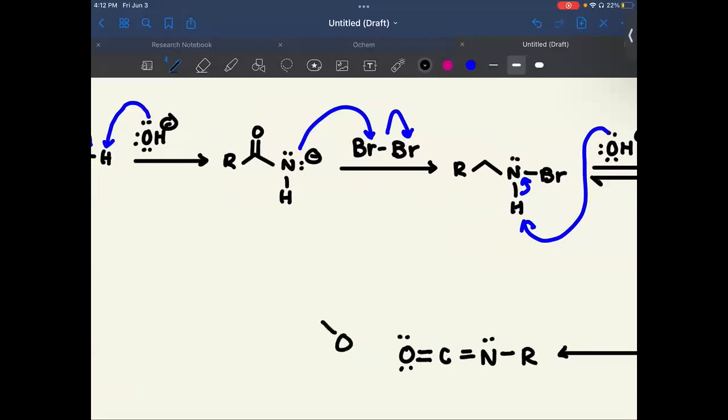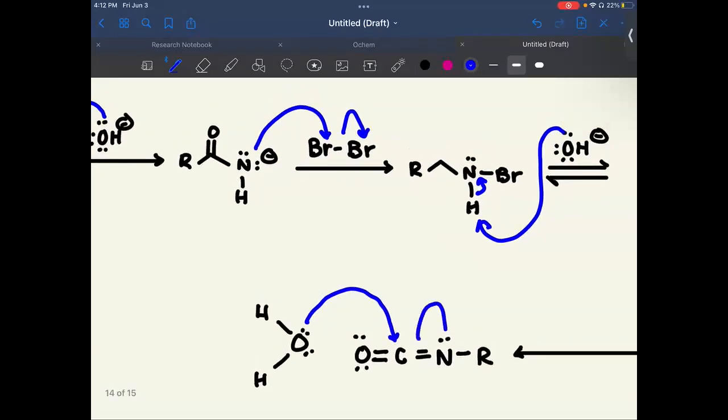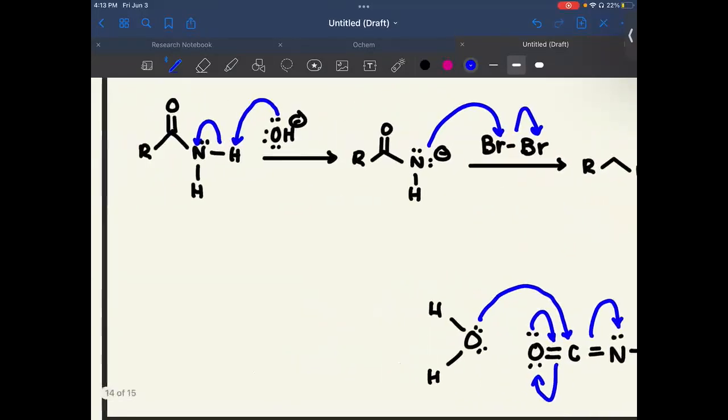We're actually going to react this with the water that we made in the previous step. So this oxygen lone pair will actually go attack this carbon. Double bond will attack the N. This double bond will attack the O, and this lone pair will attack here. That's what that's going to look like.